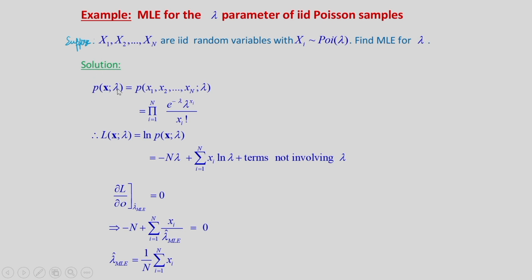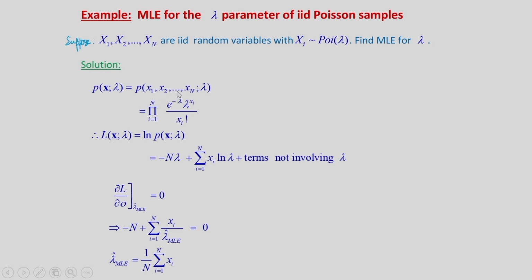The likelihood function is p of x1, x2 up to xn as a function of lambda. Now, each one is distributed as Poisson. Therefore, each distribution is given by e to the power minus lambda, lambda to the power xi divided by factorial xi. This is the distribution for xi.